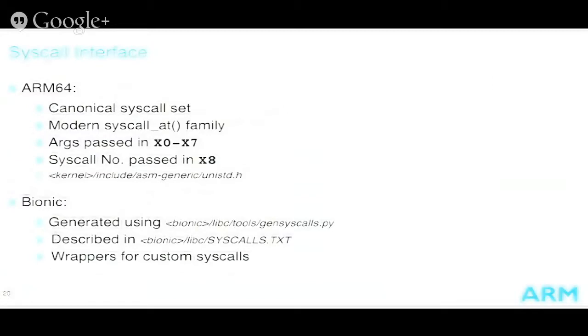One of the most important interfaces exposed in libc is the syscall interface. It's basically the interaction between the kernel and the user space. I'll take some time here and talk about the ARM64 implementation of the syscall set. ARM64 implements what's called the canonical syscall set. It's a modern restricted syscall set that implements the syscall-at family.